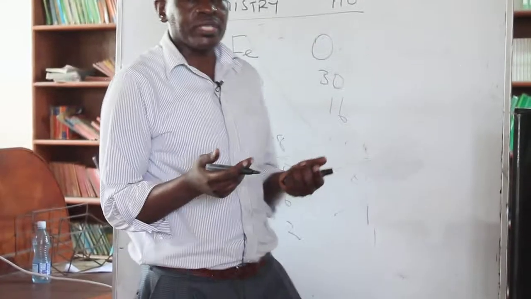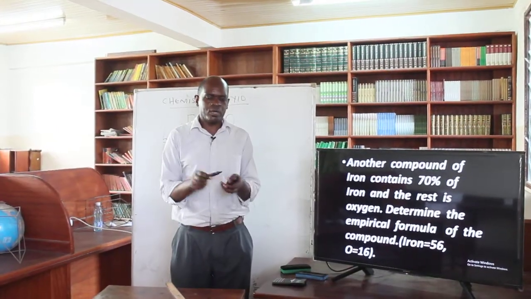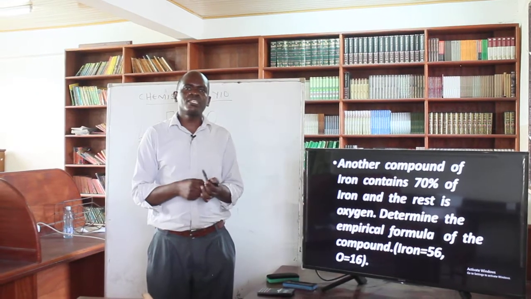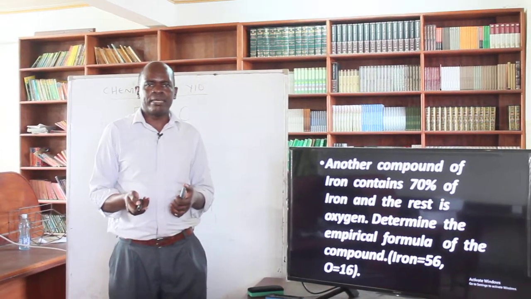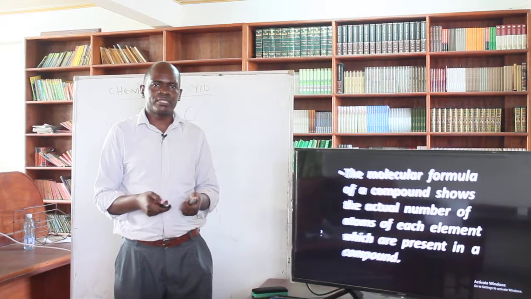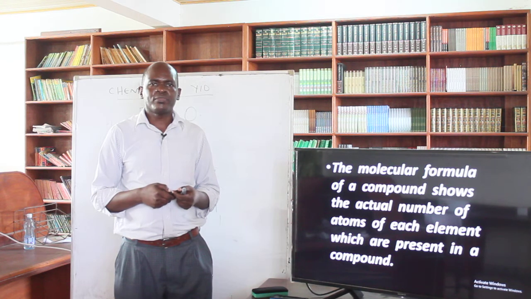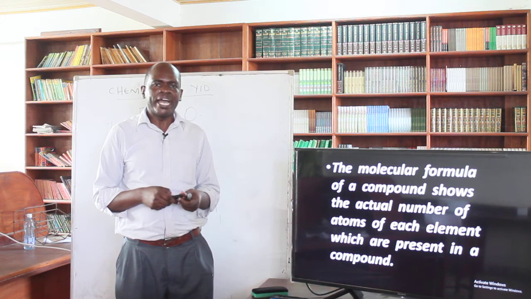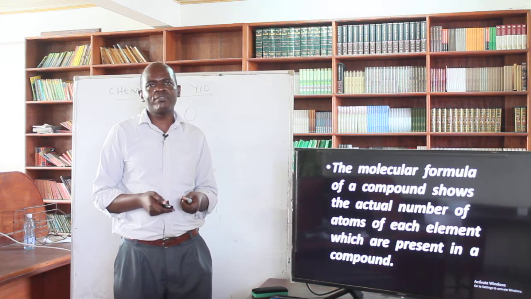So you can carry out any of the calculations that you want to carry out, as long as you have been given either the percentages of the masses or the masses themselves from that particular section. A molecular formula of a compound normally shows the actual number of atoms of each particular element which are present in a given compound.